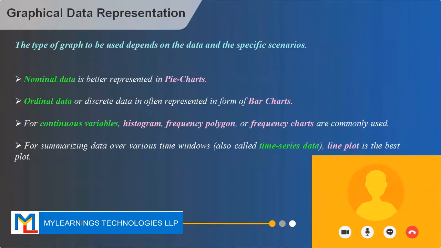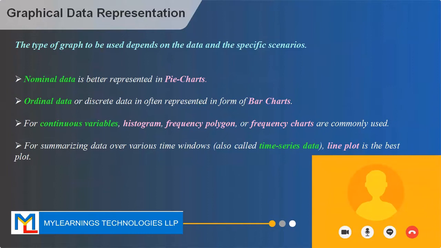The type of graph that is used to represent data depends on specific scenarios, such as nominal data is represented in pie charts. It is good to represent nominal data in pie charts. Does that mean you cannot represent nominal data in some other graphical formats? It's not that, but it is best to represent it as a pie chart.